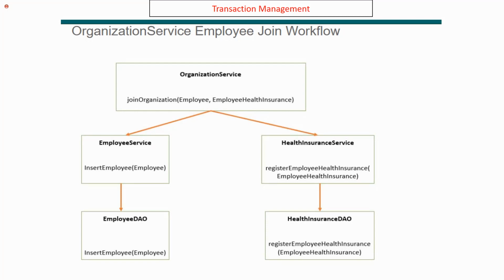My entertainment is a father. Organization service is a father. He has 2 kids, son 1 and son 2. Who is son 1? Employee service is son 1. Insurance service is son 2.